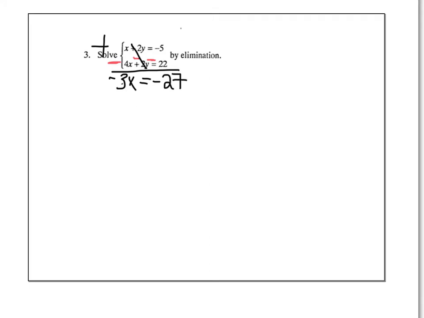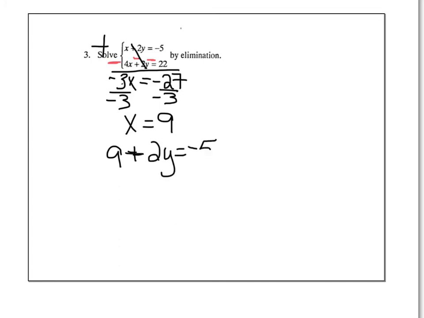Divide them both by negative 3. So x equals a positive 9. So now I need to plug that back in to find y. I'm going to go back to my top equation. And instead of x plus 2y, it's going to be 9 plus 2y equals negative 5, which means I need to subtract that positive 9.